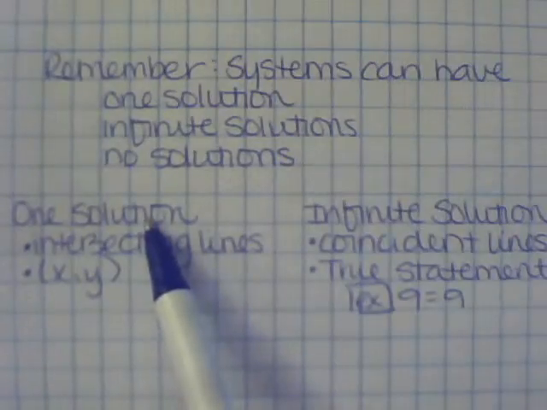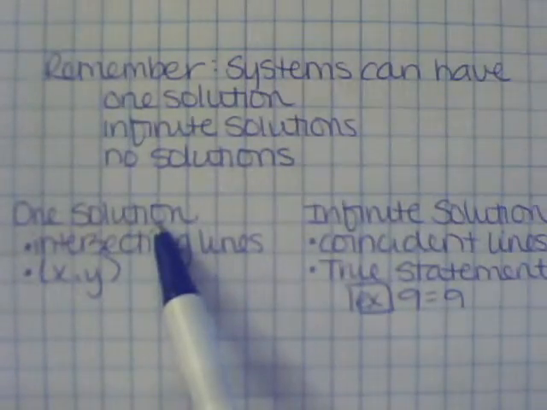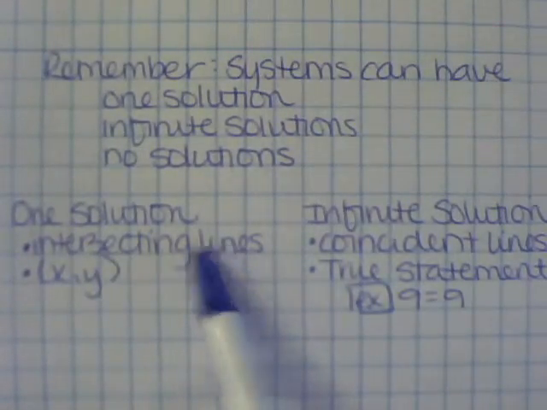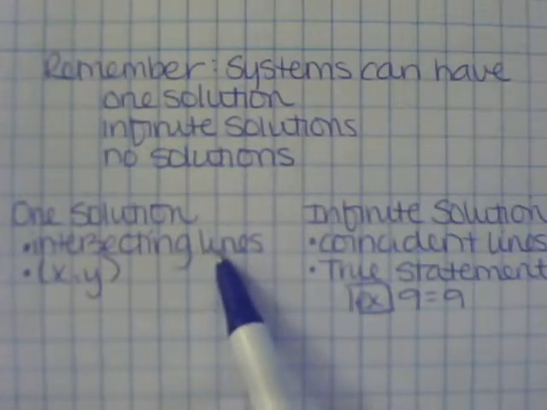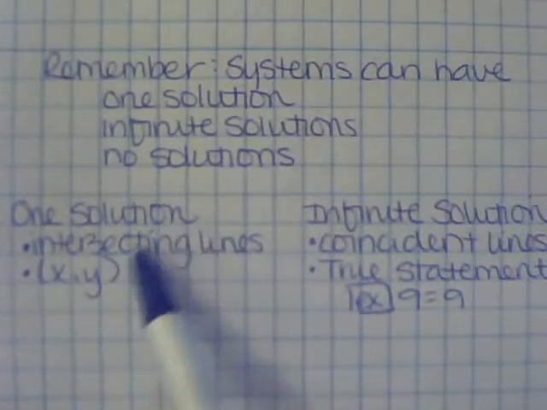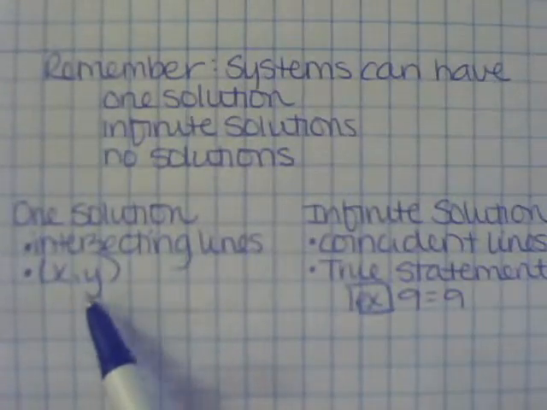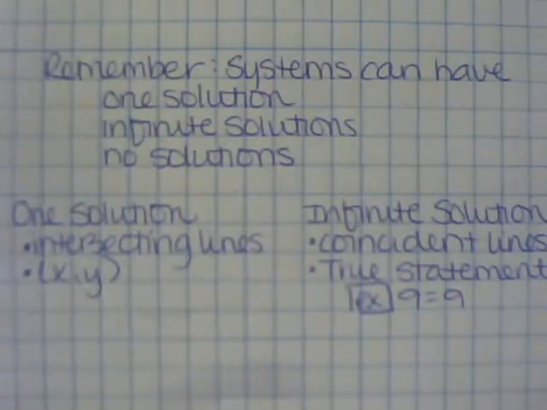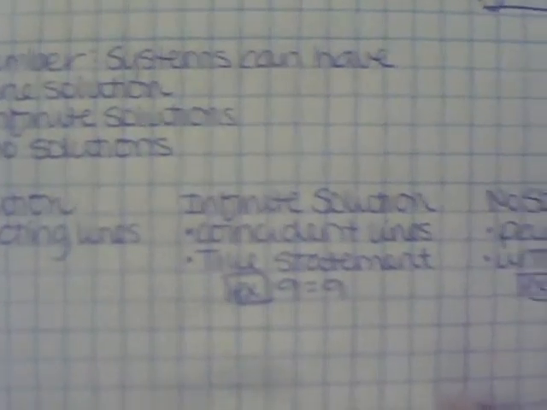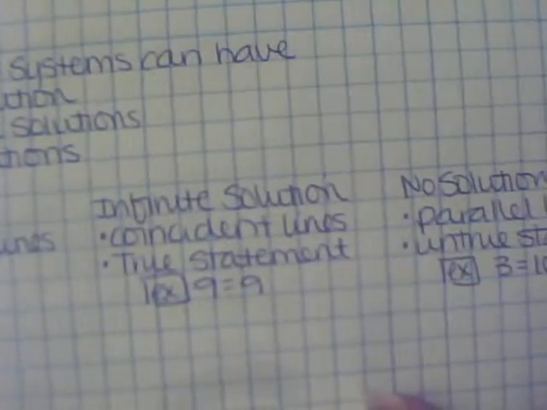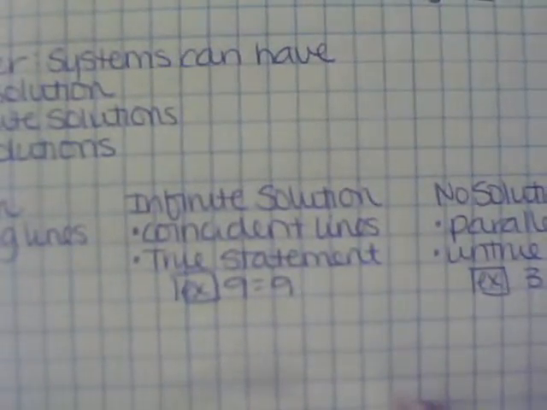When is a system going to have one solution? Well, if you're looking at the graph, it's when the lines intersect. And when you solve a system algebraically, it's when you get an answer x, y. If they have infinite solutions, that means you have coincident lines.